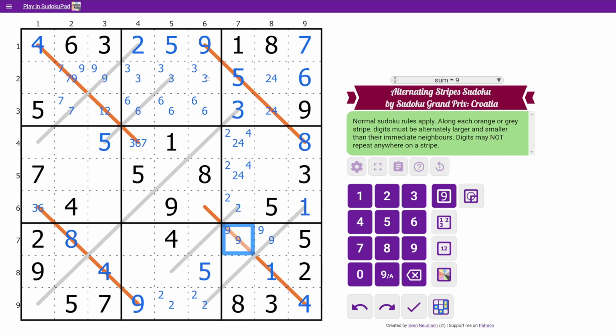So it went down. It has to go up, which has to be at least 6. And there's 6, 7, or 9, looks like. Then it has to go down. One goes here somewhere.